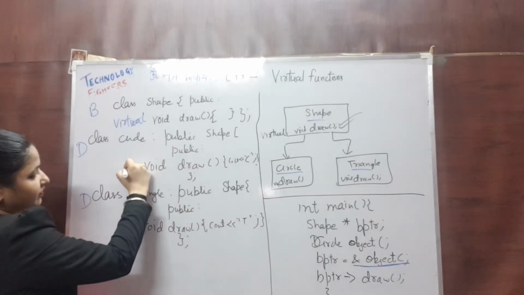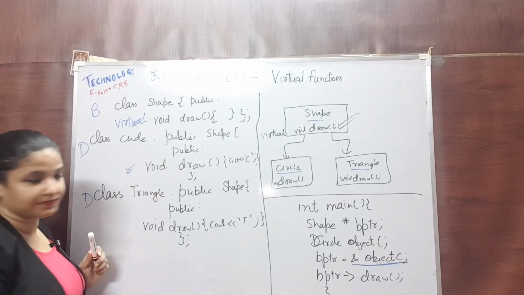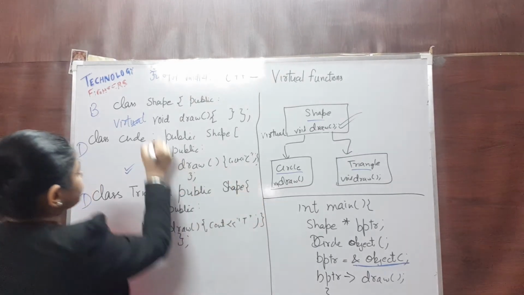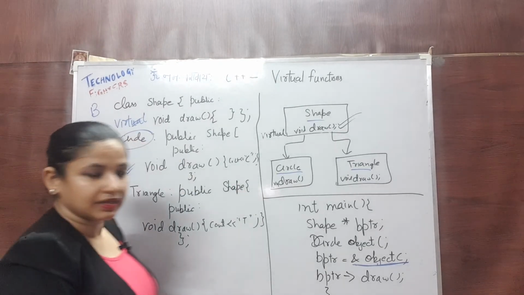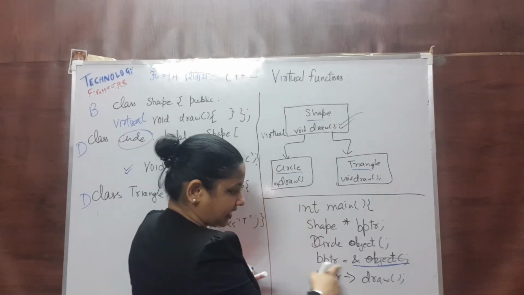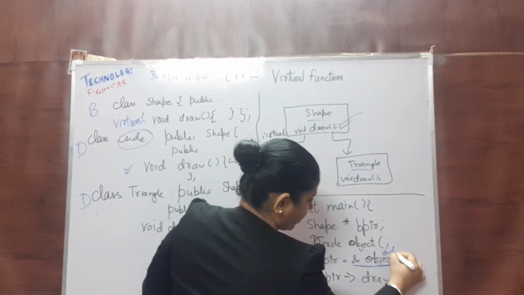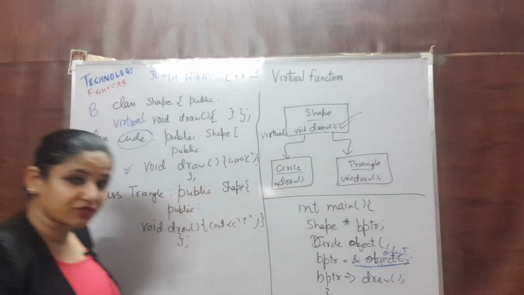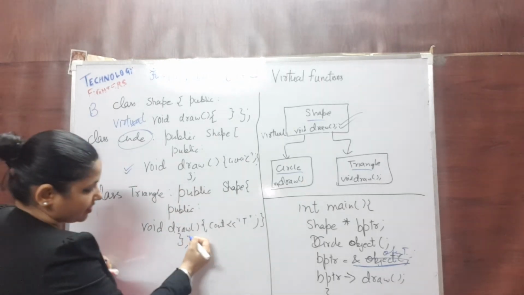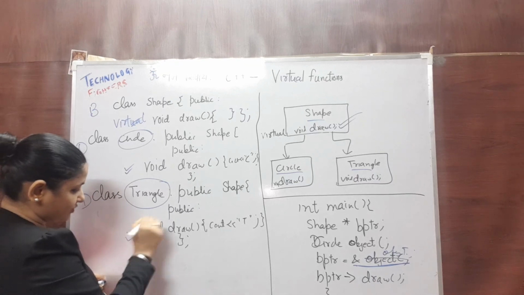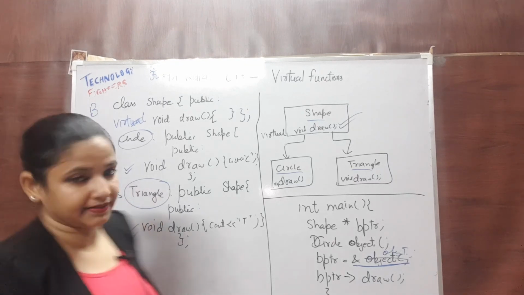So this function will be executed. This function is of class Circle. Clear? And if I make bptr equal to the address of object t, then in this case, which function is executed? The function of the Triangle class. That means this function is executed.